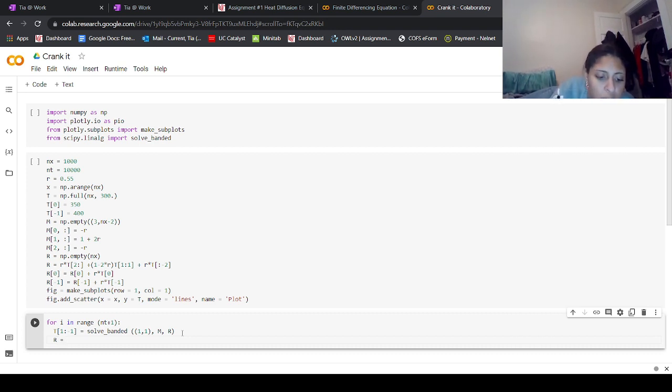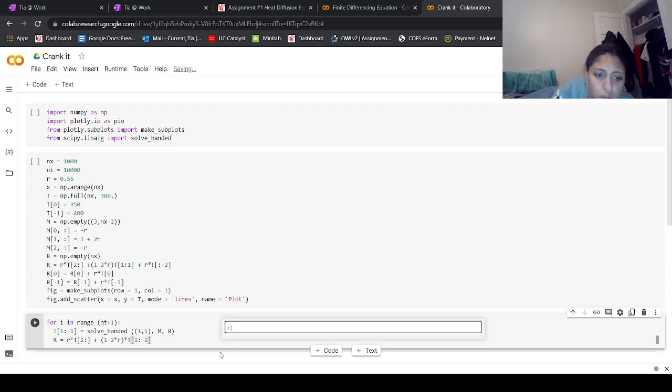And so r is equal to r times t of the one in the future, and then plus the 1 minus 2r. Yeah, 2r. And you have to multiply that, or it's going to scream at you. And then you have this multiplied by the temperature at -1, because that's where it is.